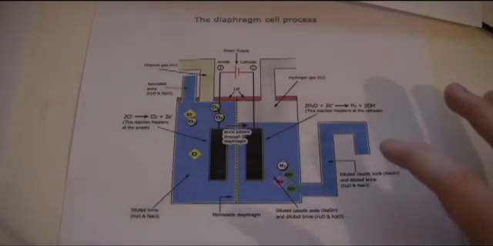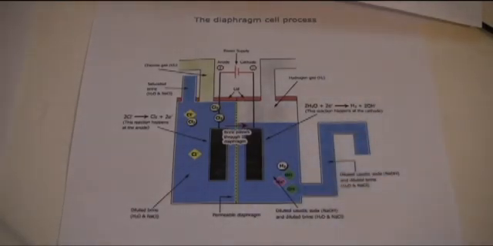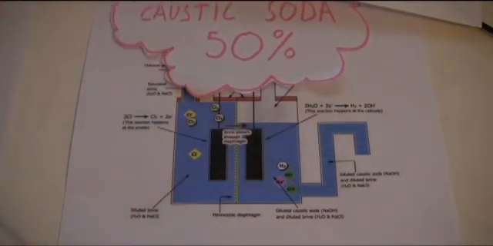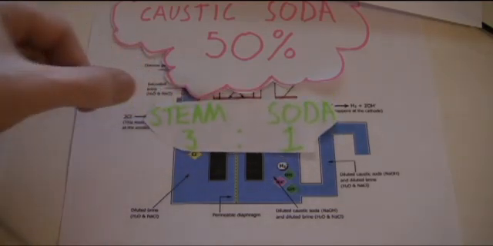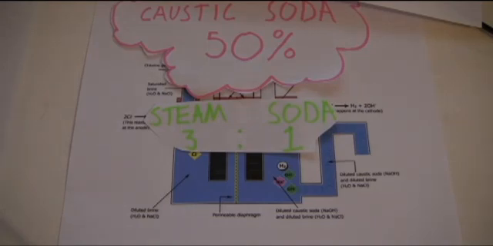So this dilute caustic soda leaving the chamber here will have to be concentrated to around 50%, and the salt needs to be removed through a process of evaporation that uses 3 times the tonnage of steam that it takes for one ton of soda, which is crazy.